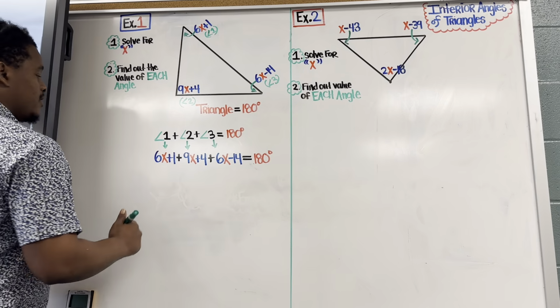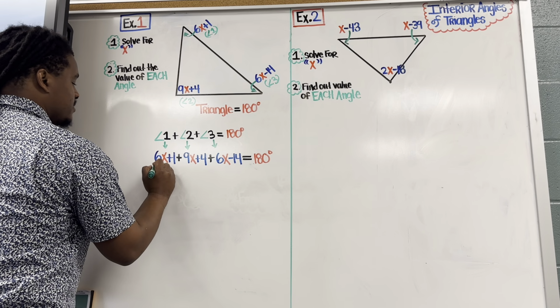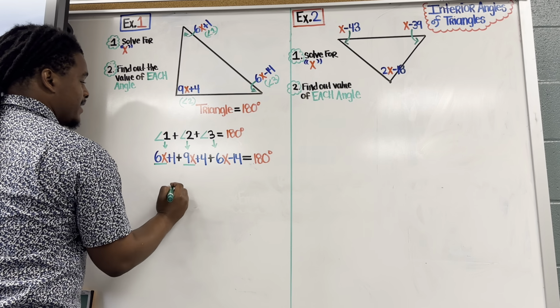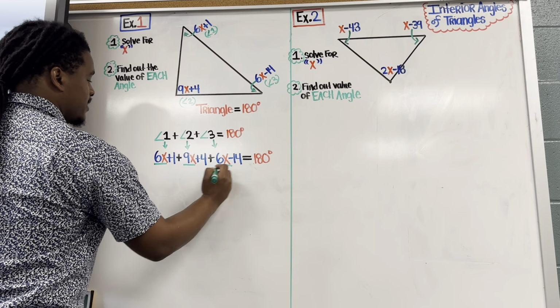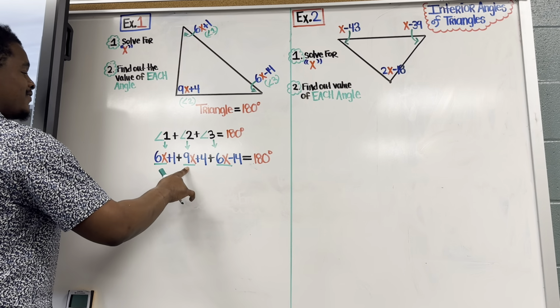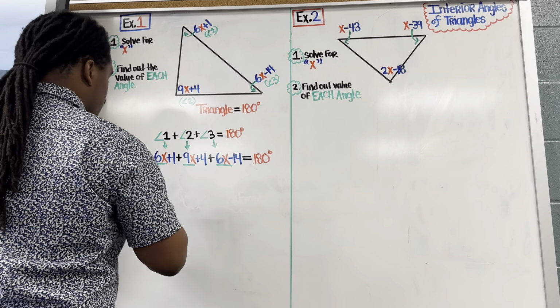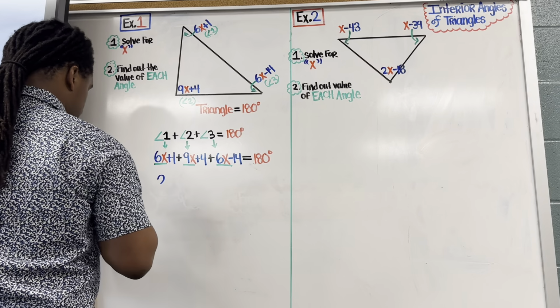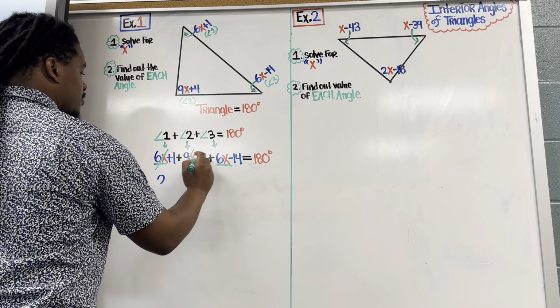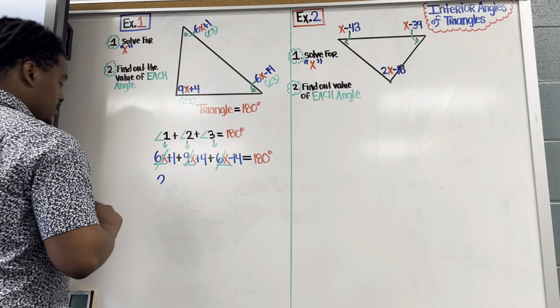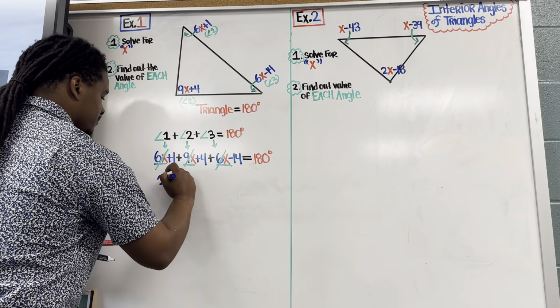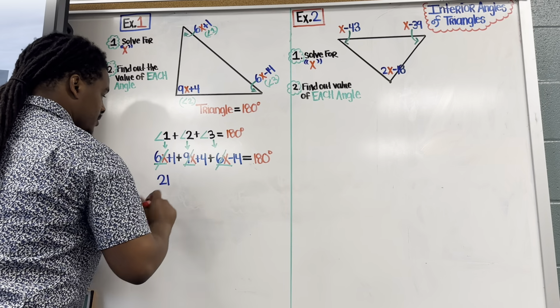I can combine 6x, 9x, and 6x. 6 plus 9 is 15, 15 plus 6 is 21. So that's actually 21x.